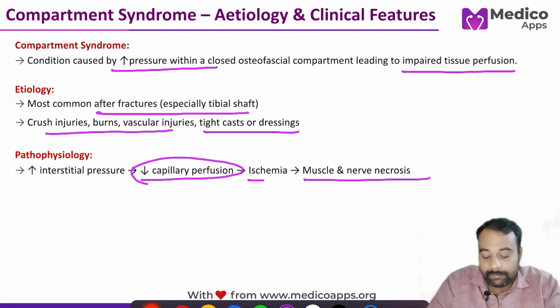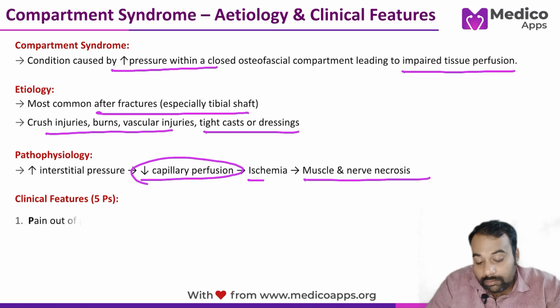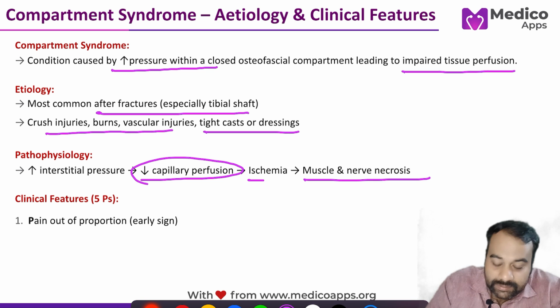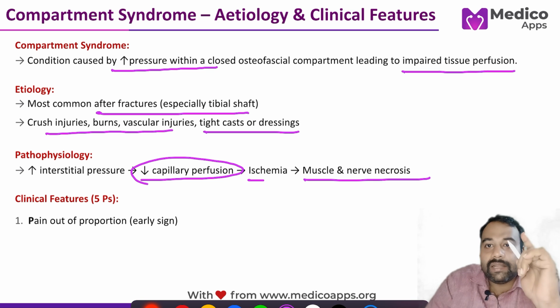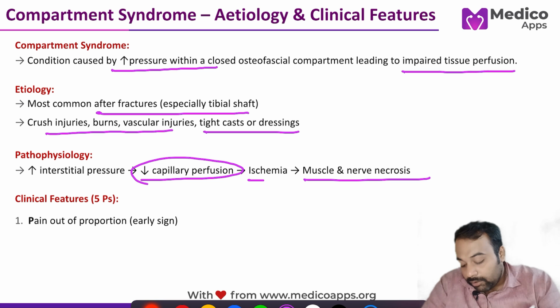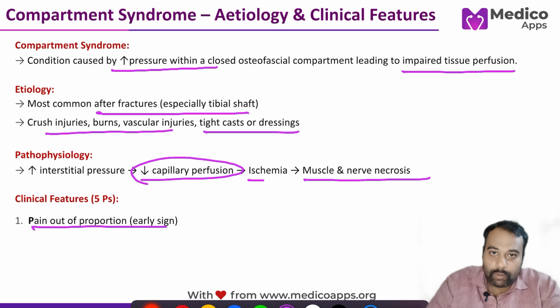Muscle and nerve necrosis. The main clinical features, number one and the earliest, is pain out of proportion.